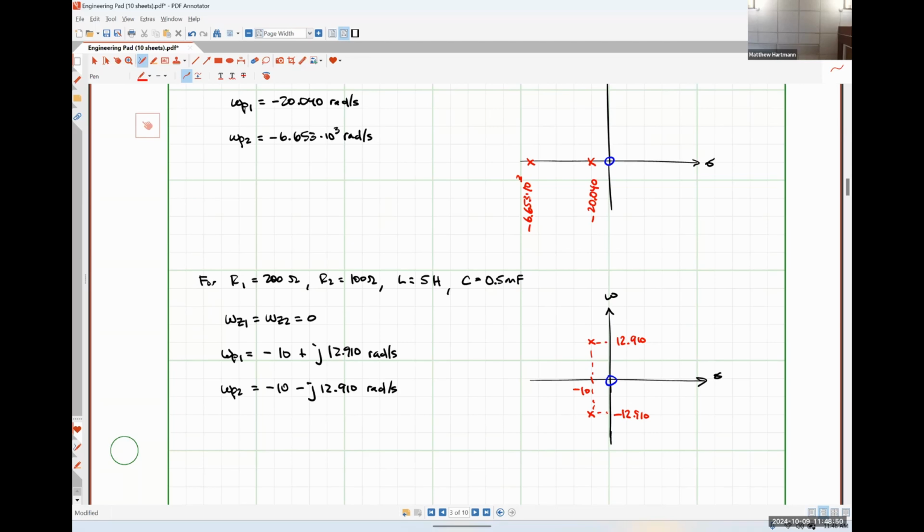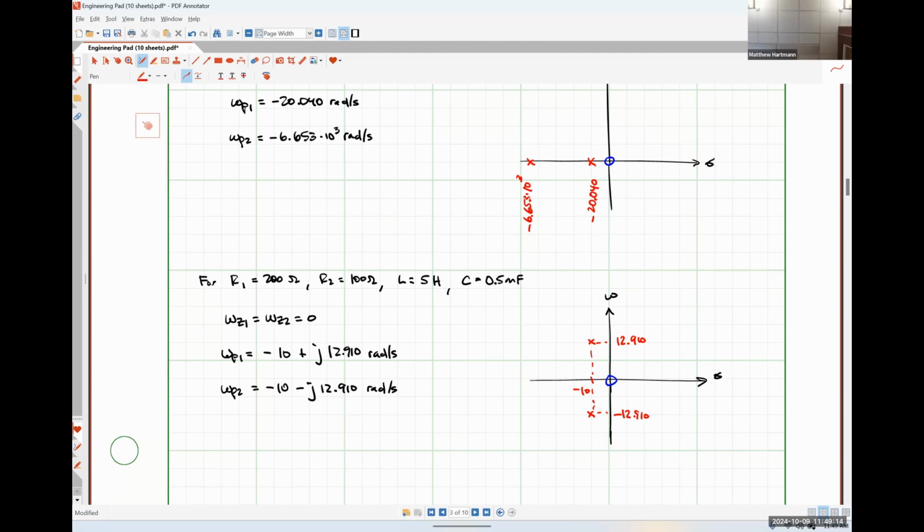That's sigma. Lowercase sigma. Sorry, I can't draw Greek letters for sure. S, if you'll recall from when we first talked about the Laplace transform, has a real part, lowercase sigma, and an imaginary part, omega. So this is the real axis, this is the imaginary axis, just like we've always dealt with complex numbers.